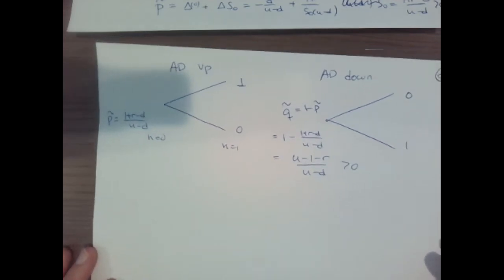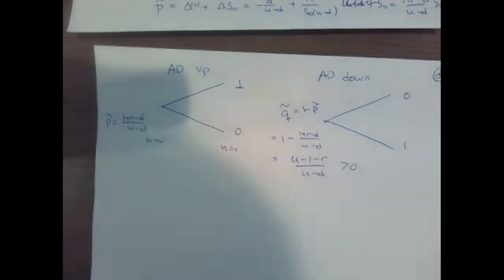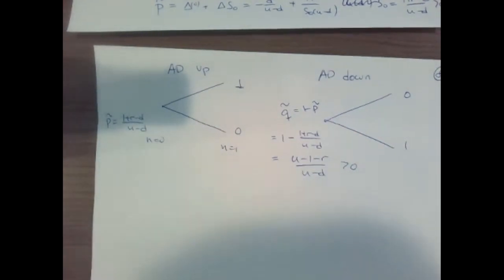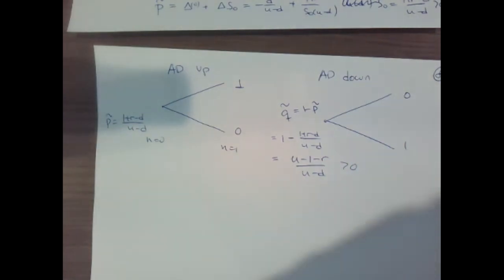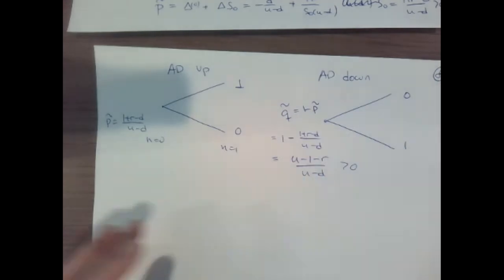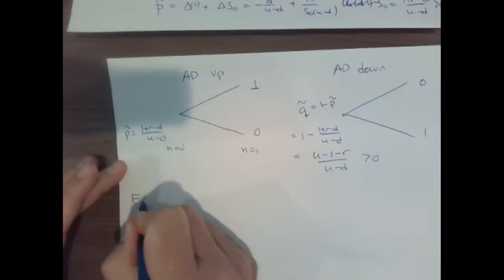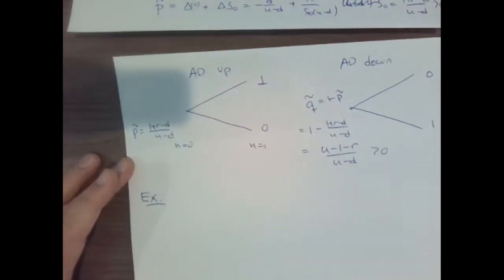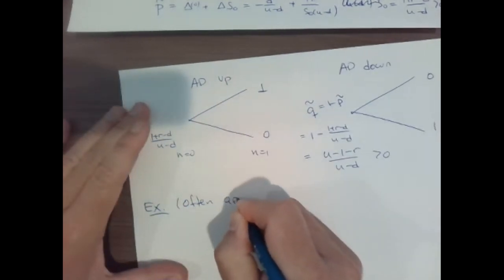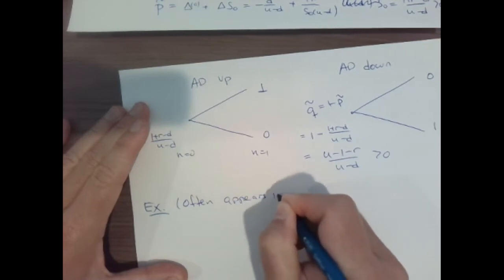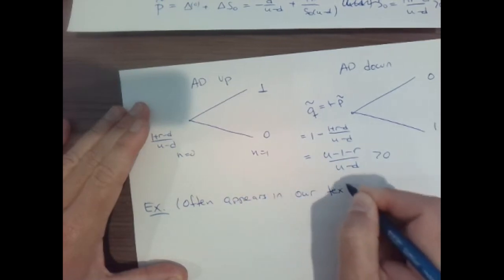So now we figured out how to compute these AD securities, what their prices are. And so maybe we should look at a little example on how to do this. This often appears in our textbook.